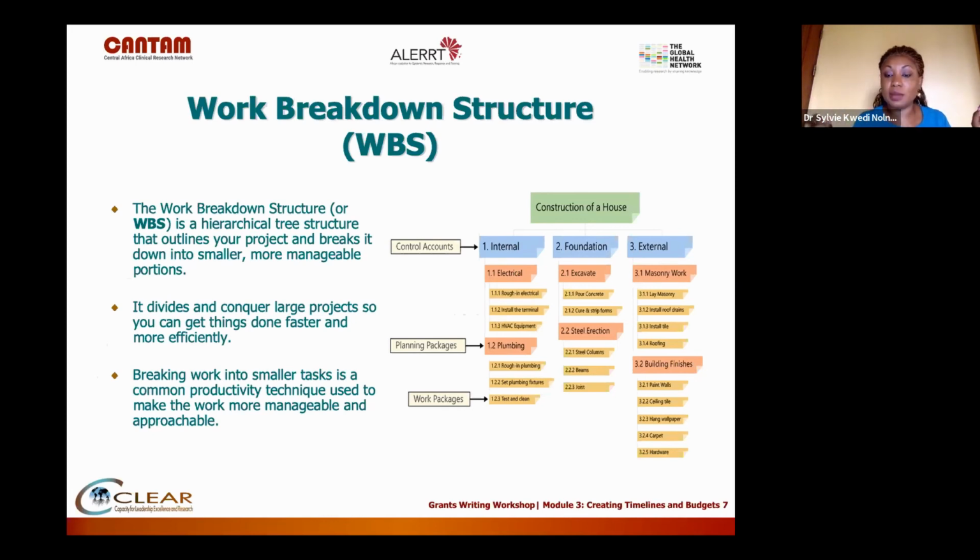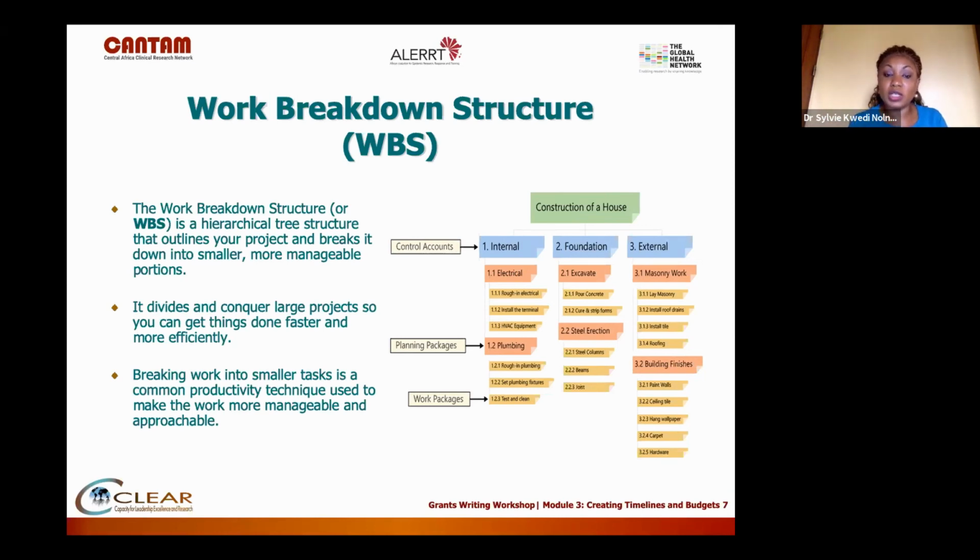On this particular slide, I'll give you the example of building a house. It's a daunting project. If you think about, oh, I have to build a house, it's big, it's daunting. But if you break it down into different portions, then you can see how each particular task can be accomplished.